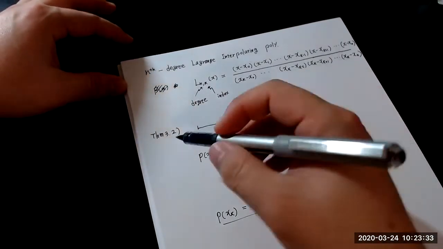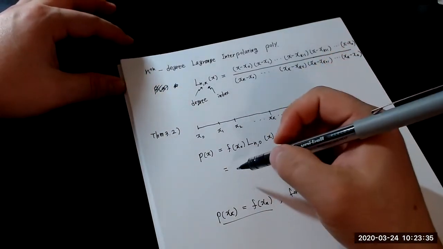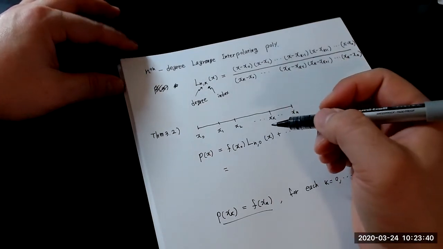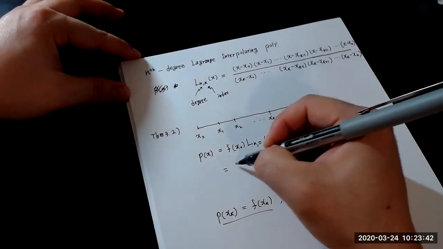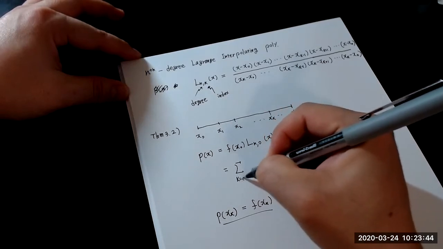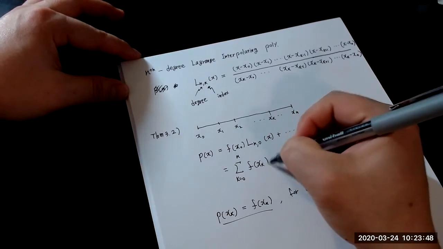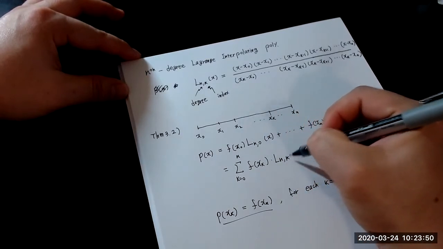That's Theorem 3.2. And this expression of p(x) can be simplified as the sum for k from 0 through n of f(xk) times L_{n,k}(x).